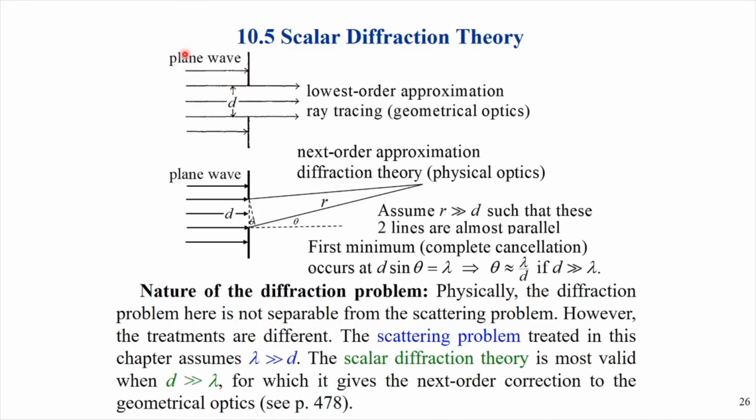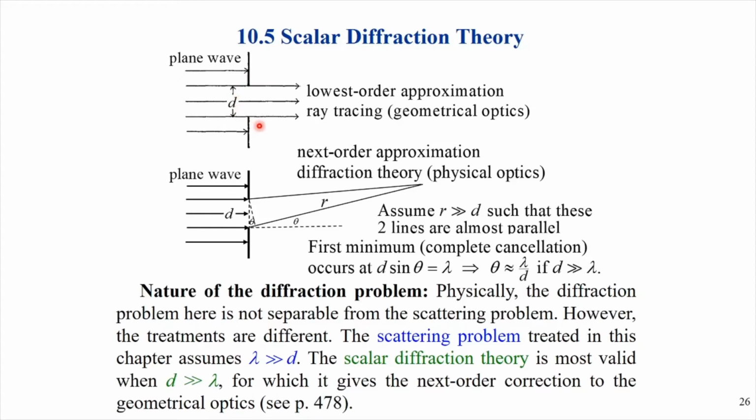The incident light is a plane wave, so the phase in each plane is perpendicular to this direction. So that's a plane wave. The incident light has a wavelength lambda. And we have a width of this hole, or aperture.